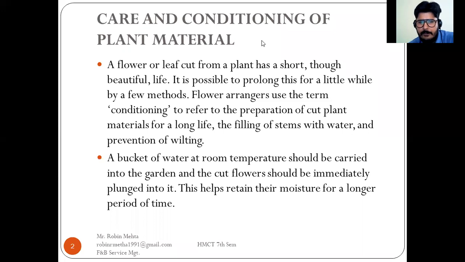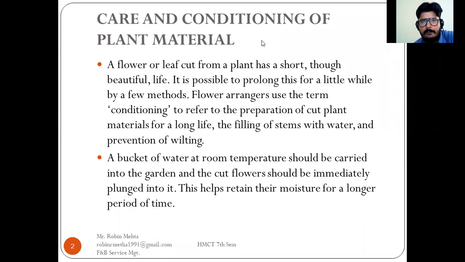In the same way, we can do the same conditioning with flowers, by preparation when we cut that particular plant from the garden, or a flower or a leaf from that particular plant. We give long life to them by using so many materials, and by natural ways also, by putting their stems into water, or filling their stems with water, and by prevention of withering, from the dryness of that plant.